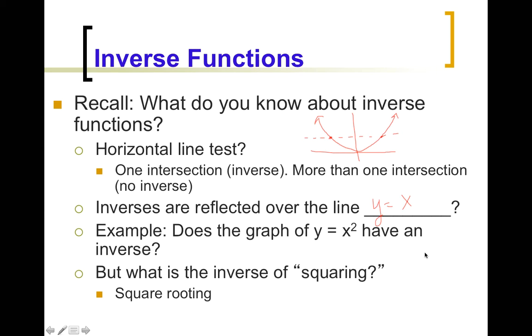So how are we supposed to get around this idea of not having an inverse? Well, what we do is we limit the domain of the quadratic function to this right here. If we limited it to just the positive x values, we would end up getting all of the y values from both sides.